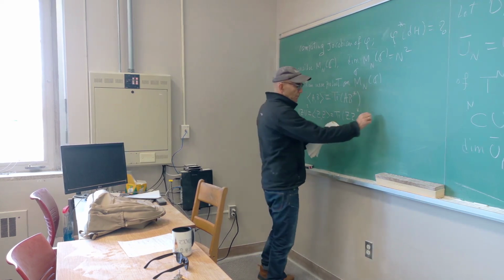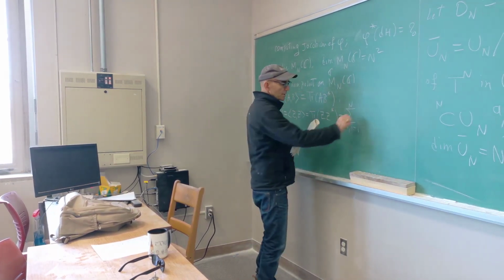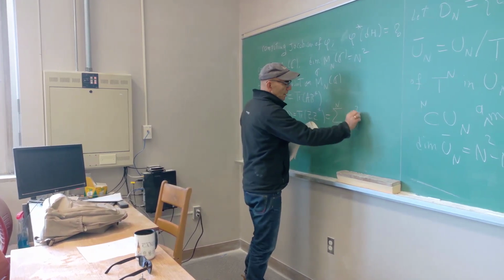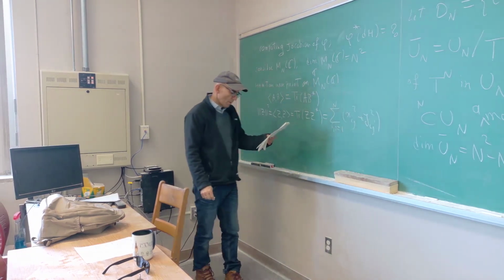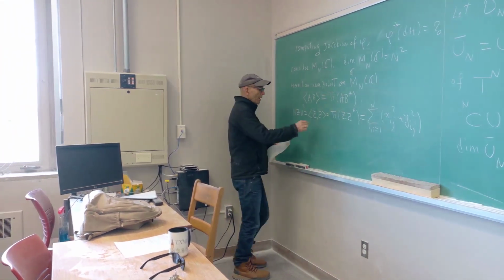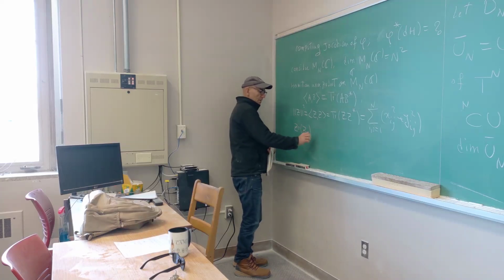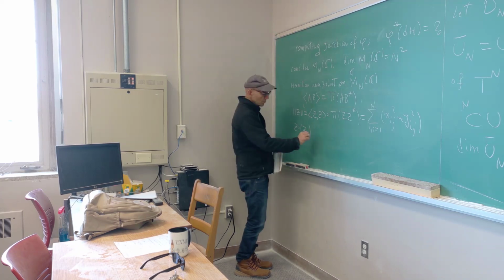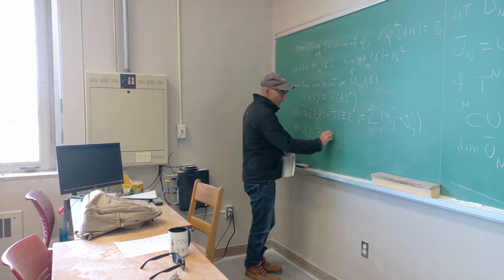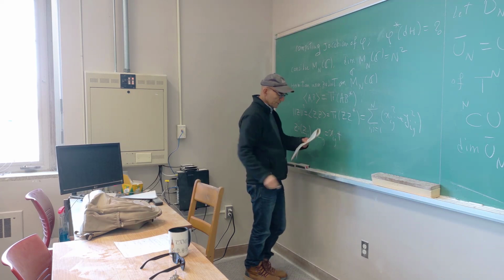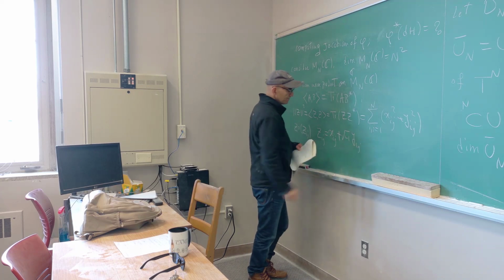This comes out to be the sum over i, j from 1 to n of x_ij squared plus y_ij squared, where we write z_ij equal to x_ij plus root minus 1 times y_ij.